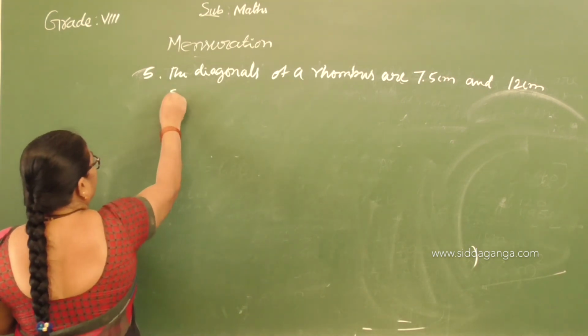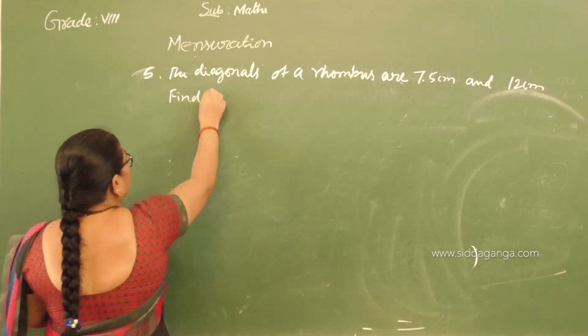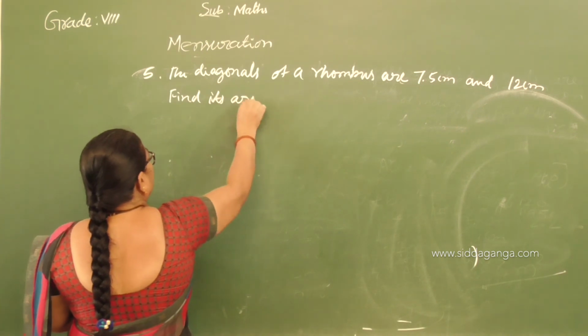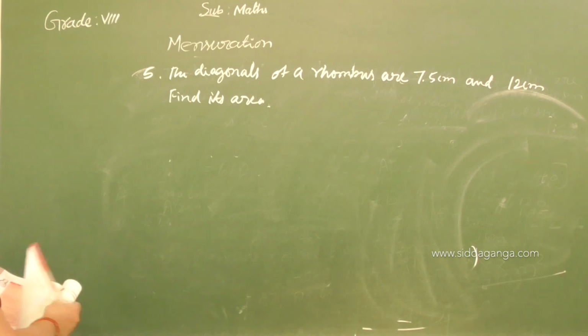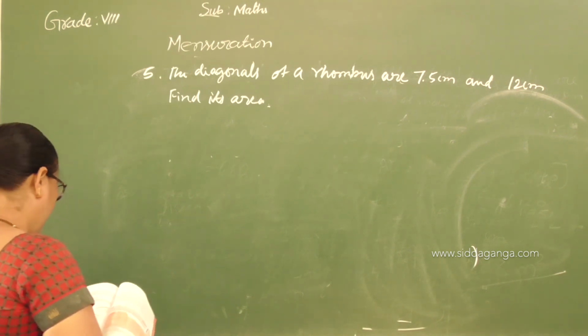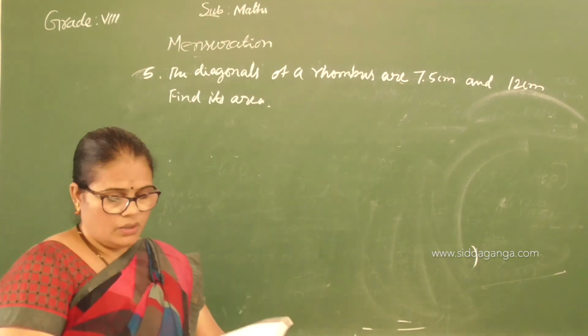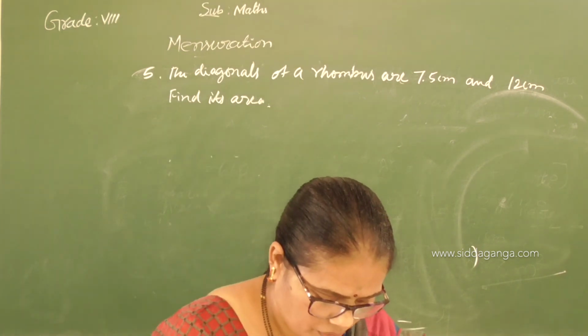Find its area. Here diagonals of a rhombus are given, D1 and D2 are given. Find the area of the rhombus.